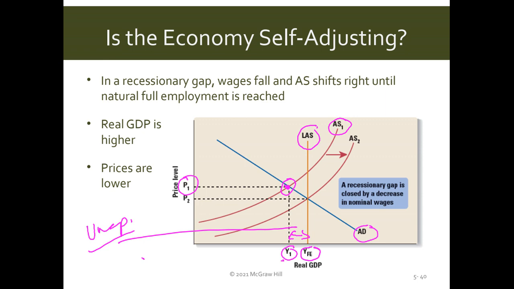By increasing your government expenditure, notice the new equilibrium is here. Yes, we do have some inflation, as I told you, but there is no unemployment. You are still at full employment. So this is the Keynesian solution.